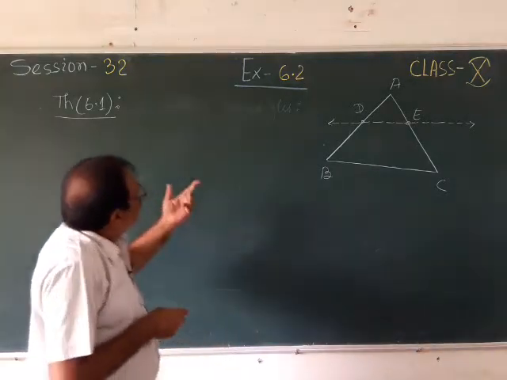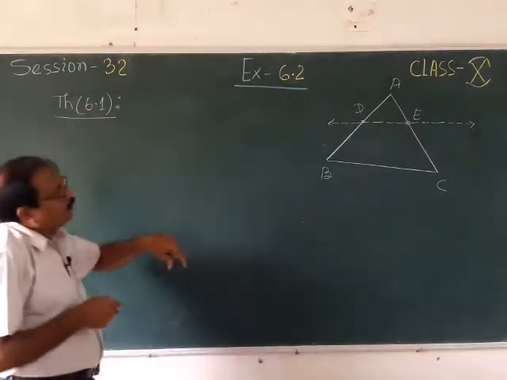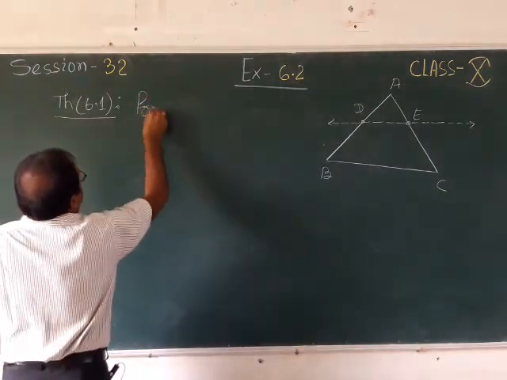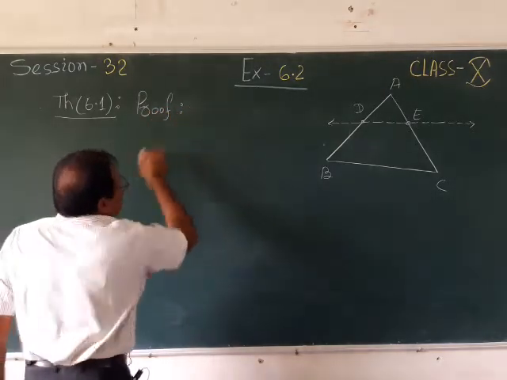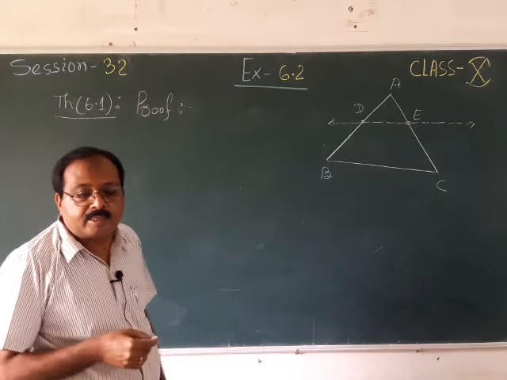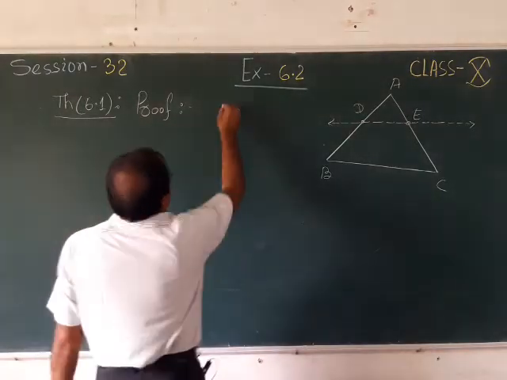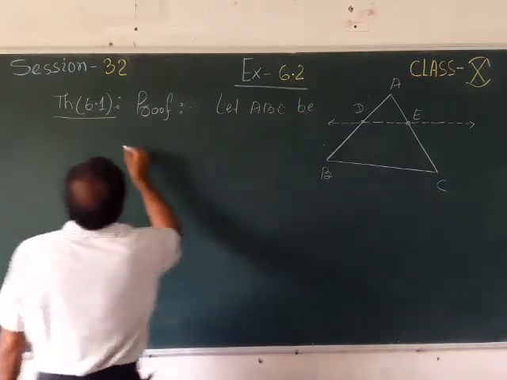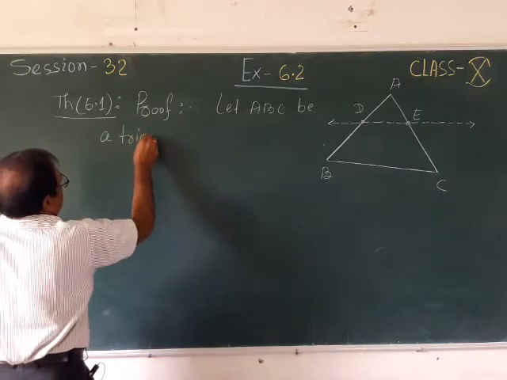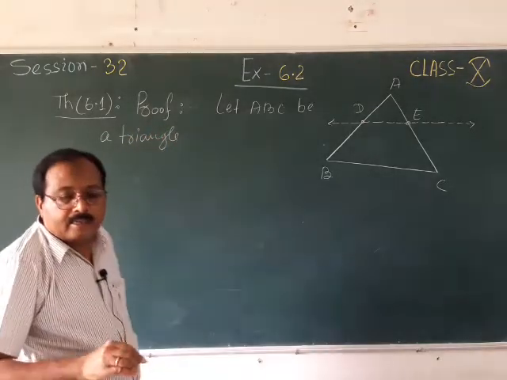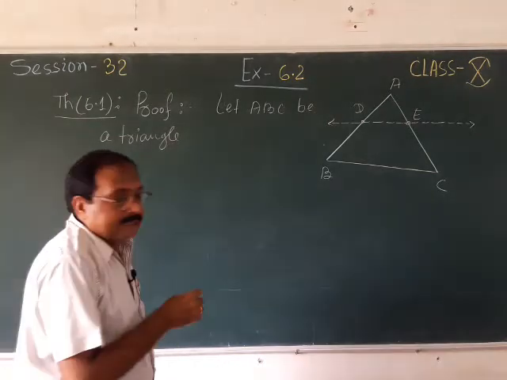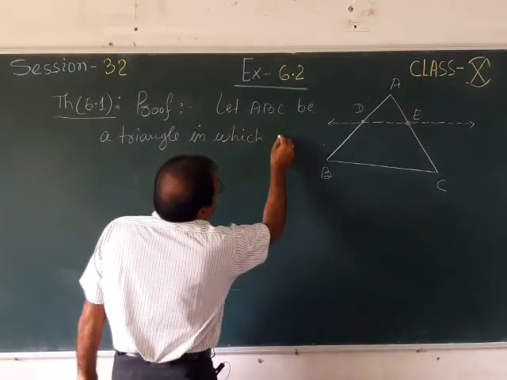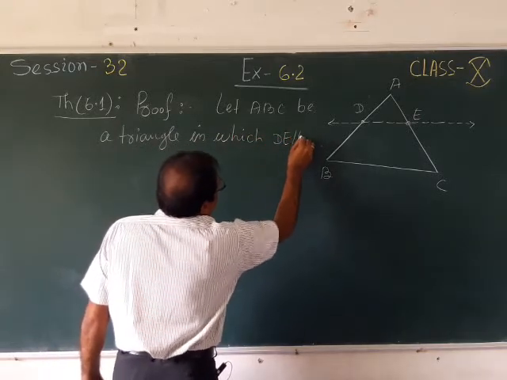So here we need to write the statement for the proof. When we start the proof of this theorem, how to write it? Let ABC be a triangle in which DE is parallel to BC.